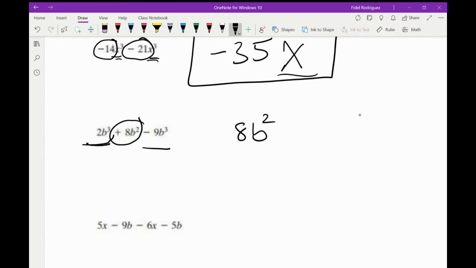Now, if I look at this one here, 2b to the third, that means I have $2 because it's a positive 2. But now I'm going to borrow 9. So if I only had $2 and I owed you 9, now I'm going to owe you 7. And because those are the b to the thirds, that's why I'm writing a b to the third. And because I owe it, if you notice, I'm putting a minus sign.